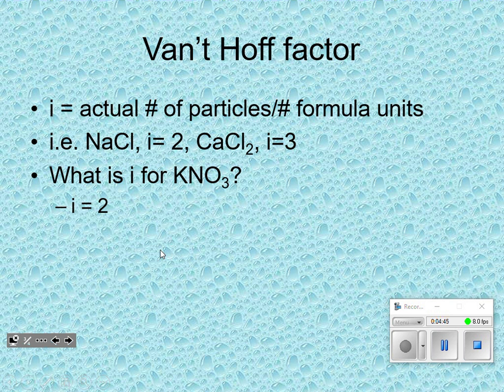Now, the reason why this is labeled little i is that Alex noticed the equation for osmotic pressure. If you did that reading, there's equations for boiling point elevation, freezing point depression, and vapor pressure lowering has mole fraction in its equation.